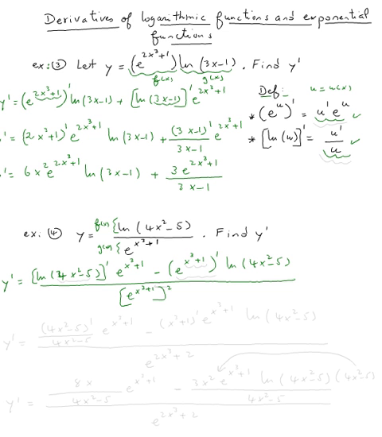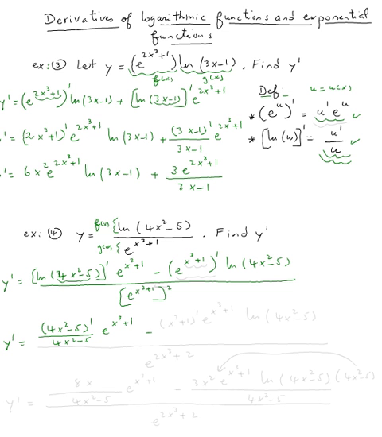Now y prime, or derivative of y, is equal. Now here we have to use derivative of ln of u. So this is my u, and derivative is right here. So we need derivative of u over u, which means derivative of 4x squared minus 5 over 4x squared minus 5 times e to x cubed plus 1 minus.